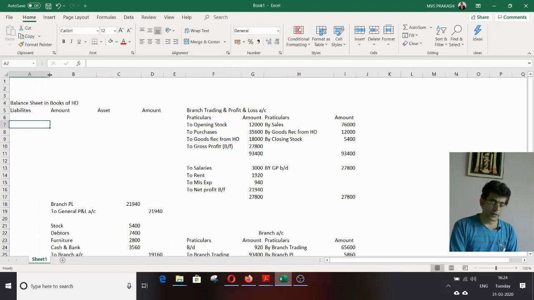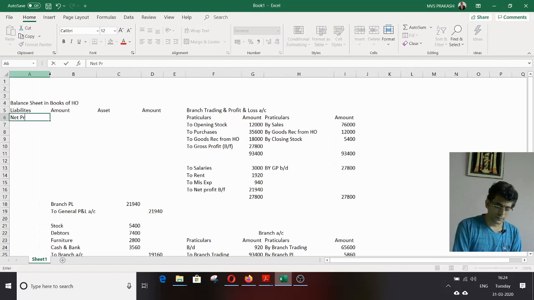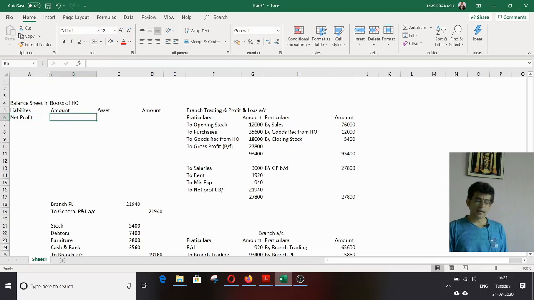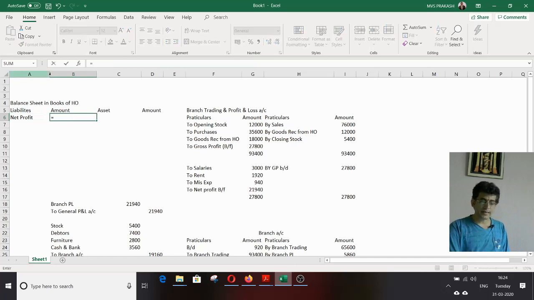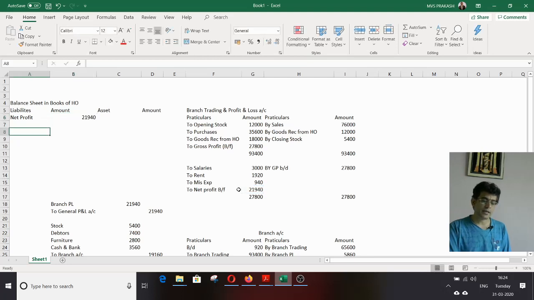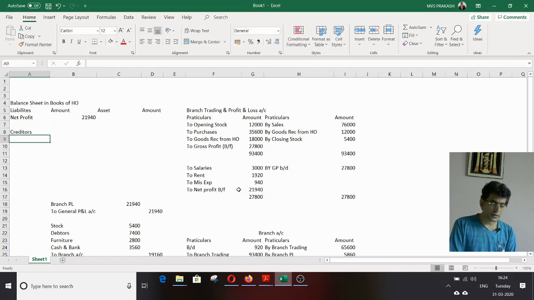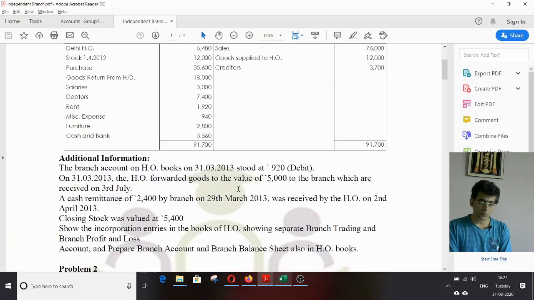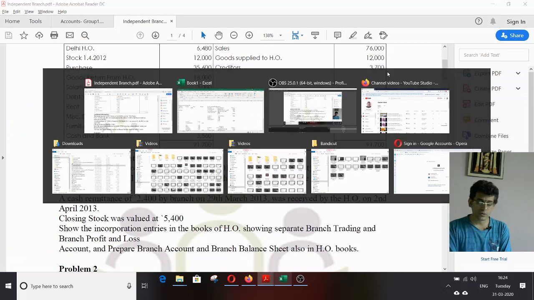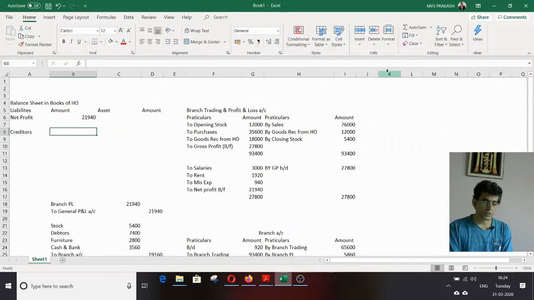Now we got net profit. Generally, to the capital I need to add the net profit. As in the problem we don't have any information about the capital, I'm directly considering my net profit, 21,940. And the branch also has creditors amounting to 3,700.